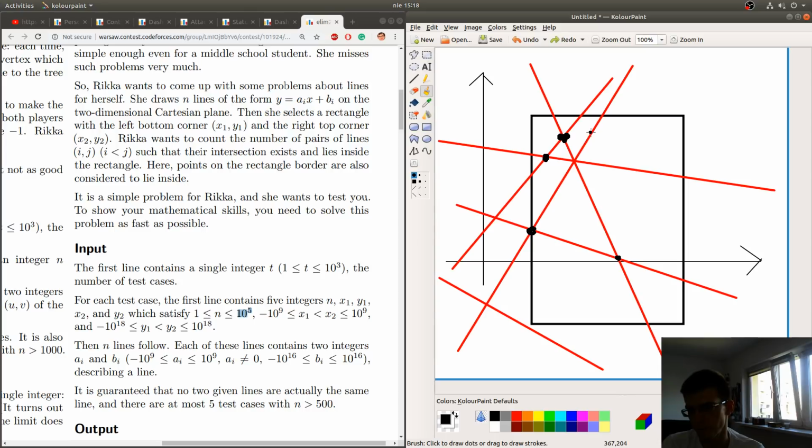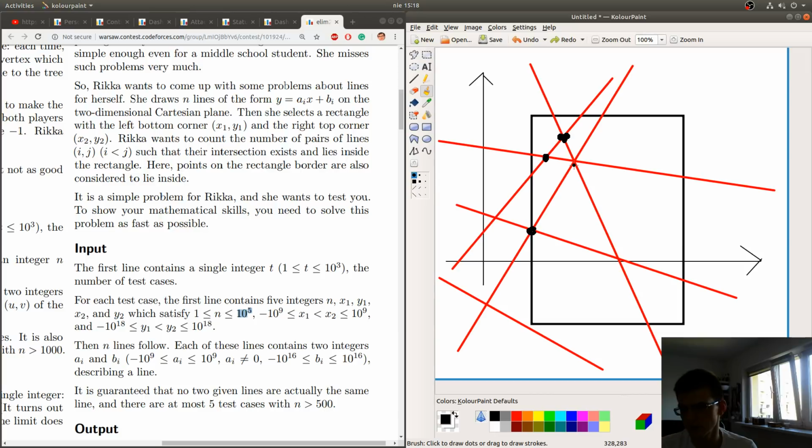So here we have a few lines intersecting in one place, and for example these two lines intersect, so they increase the answer by 1 because of their intersection here. But also these two lines intersect, so we have a second intersection, and also this line and this line, I think I didn't count.